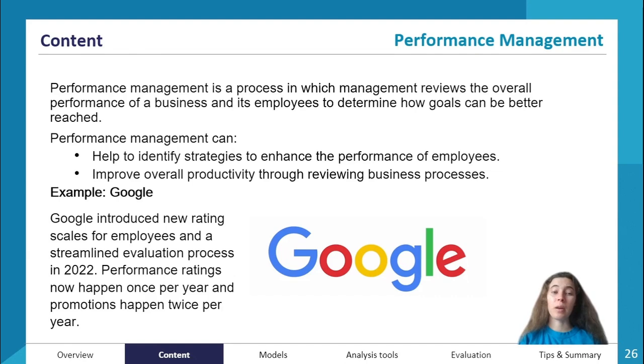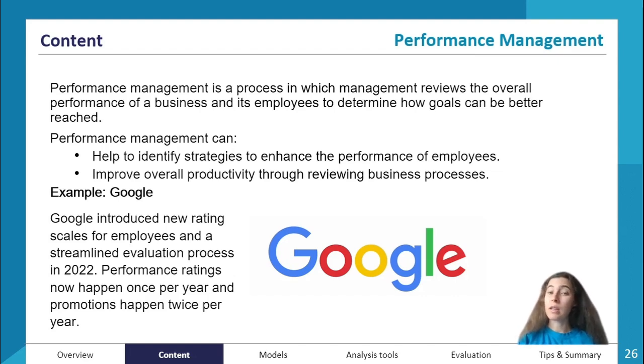So, performance management can identify strategies to enhance employees' performance, and it can also improve overall productivity in the business by reviewing the processes that the business uses and perhaps identifying ways that those could be changed, maybe through automation, through technology, through changing the organizational structure, streamlining things in that way.